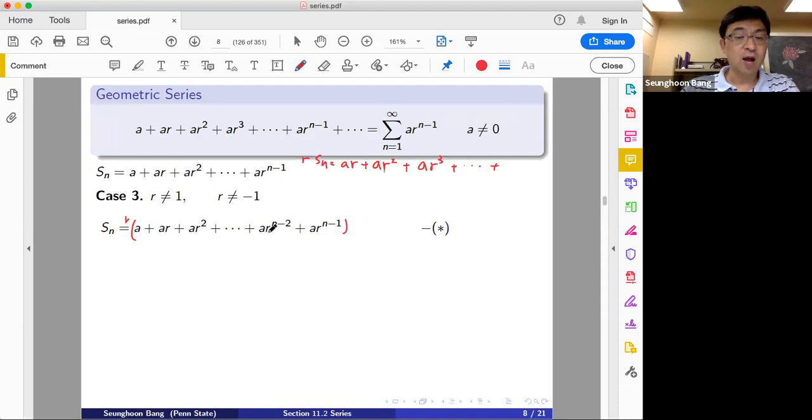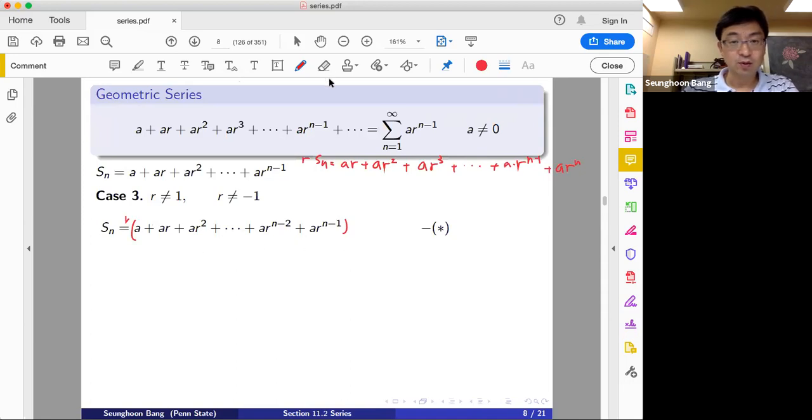The a times r to the n minus 2 times r is a times r to the n minus 1, plus a times r to the n minus 1 times r is a times r to the n.